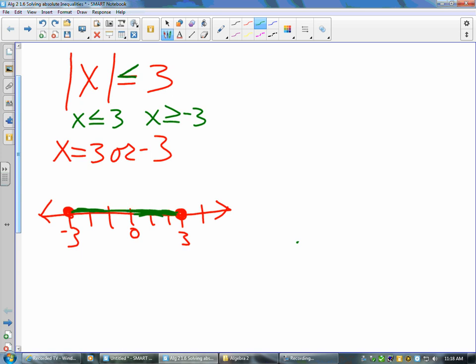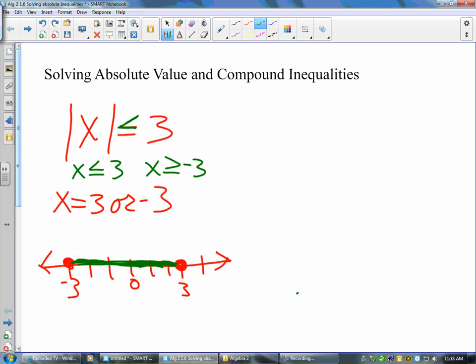This forms a compound inequality, and this particular one is called an AND. An AND has to satisfy both: x is smaller than or equal to 3 and x is greater than or equal to negative 3.